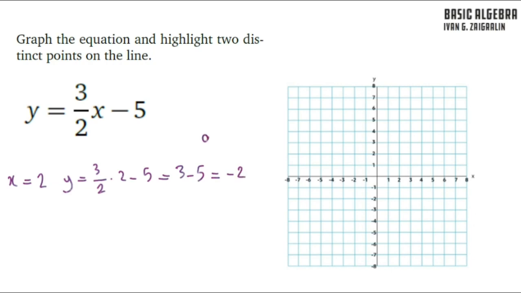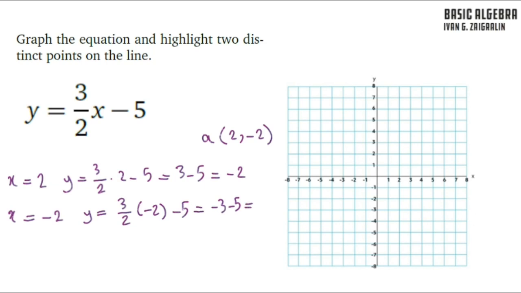So the first point A is 2 and negative 2, and the second point, x equals negative 2, y equals 3 over 2 times negative 2 minus 5, which equals negative 3 minus 5, and the result is negative 8. So the point B is negative 2 and negative 8.